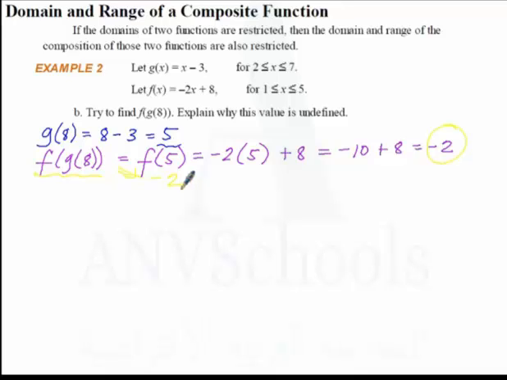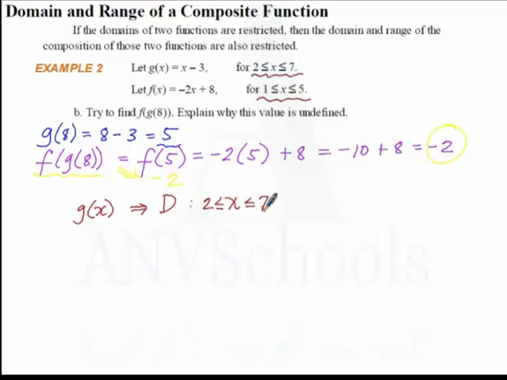Now our f of g of 8 is equal to negative 2. But why is this value undefined? Let's take a careful investigation of our domain restrictions for f of x and for g of x. Our domain for g of x is x in between 2 and 7.